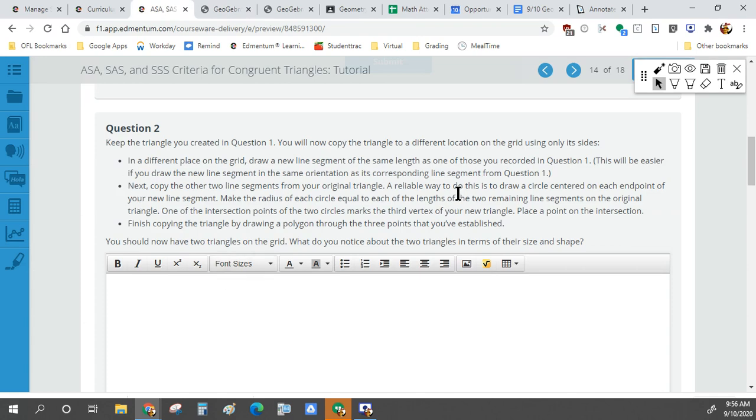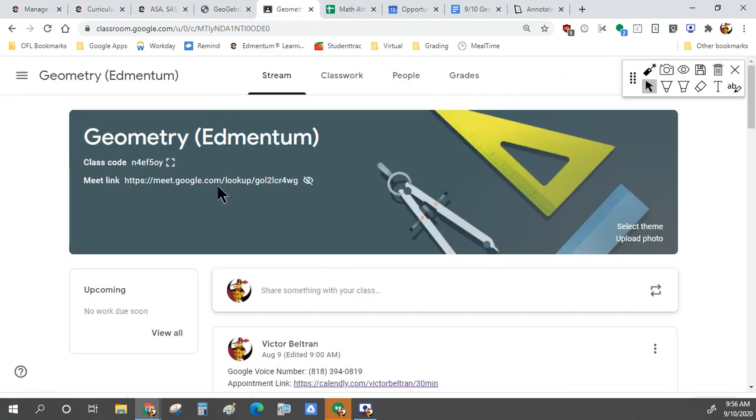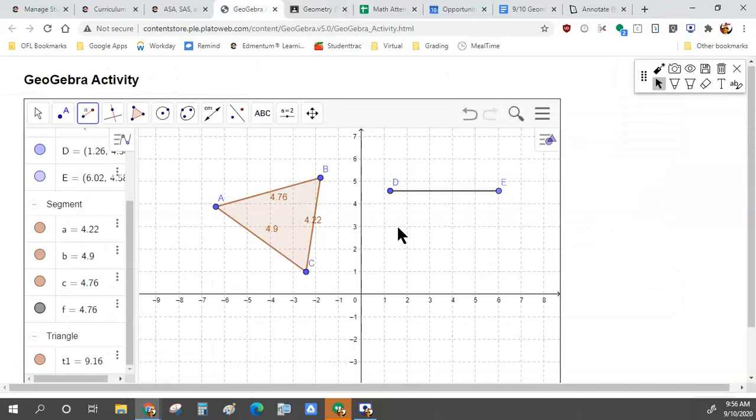Now we're basically just going to do circles, which is the cool part about this. I'm going to close this one. I don't need it anymore. The cool part about this is to measure this perfectly to get this point C, we need from point D to be 4.9 to get this length right here. And then from point E, we need it to be 4 point that.